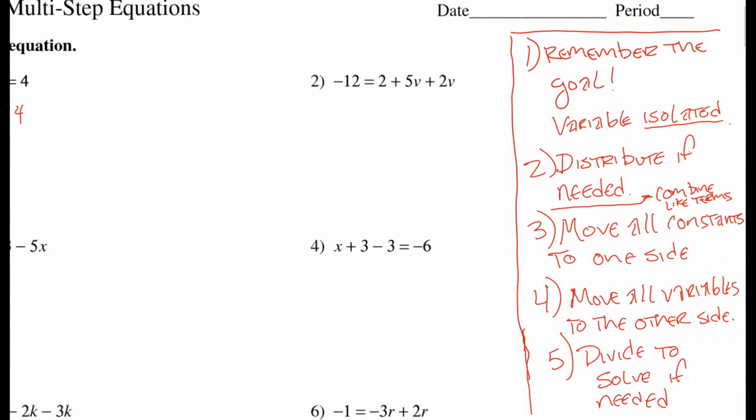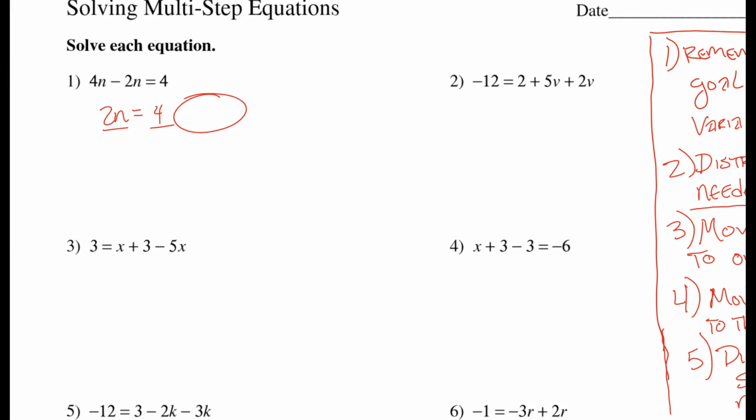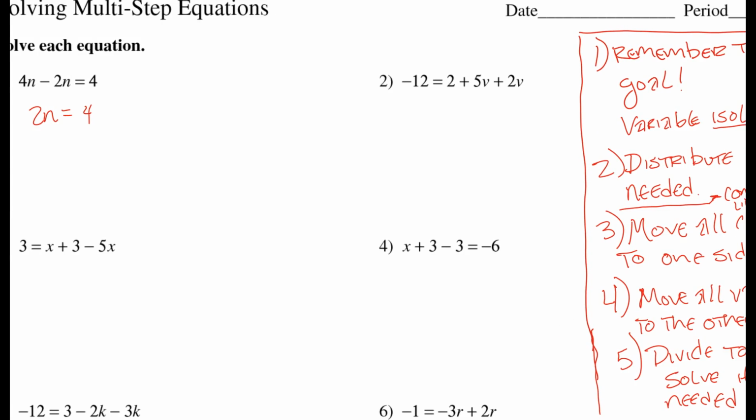Now, step 3, move all constants to one side. Well, I have a constant here and no variables. And I have a variable here and no constants. So that step is done. We're good. Next, move all variables to the other side. We just went over that. We're fine on that.